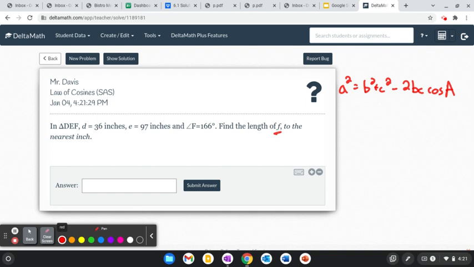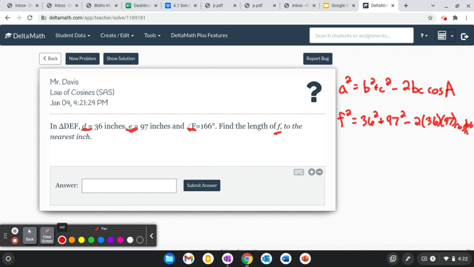So this is going to be little f squared equals, and we take our other two sides, D and E, so that's going to be 36 squared plus 97 squared minus 2 times 36 times 97 times the cosine of, always make sure it matches, those are both f's, cosine of 166.